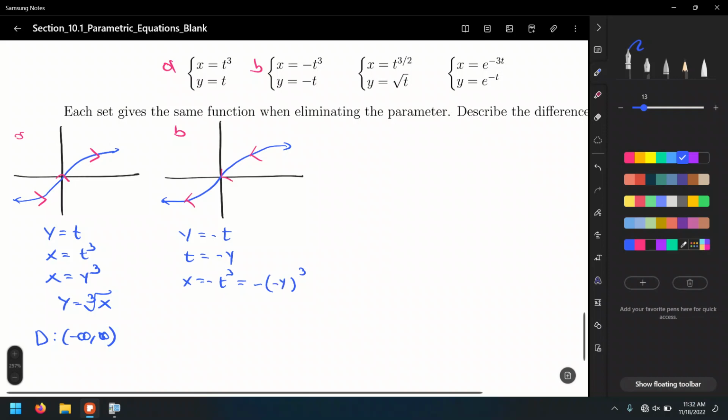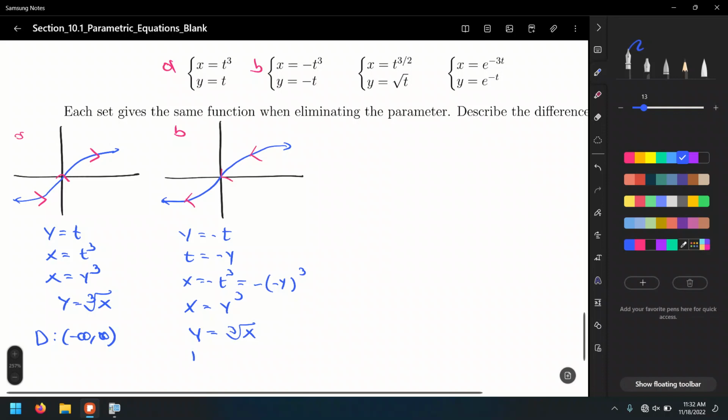Careful when simplifying this, because inside of the parentheses there's a negative that is raised to the third power. A negative raised to an odd power remains negative, and times the negative that we have in front outside, that becomes a positive. And take the cube root: y equals cube root of x.